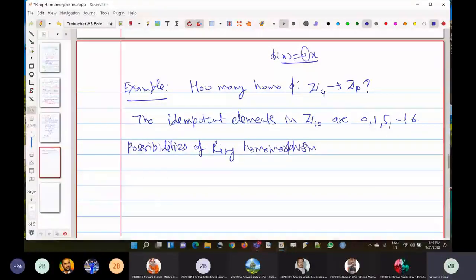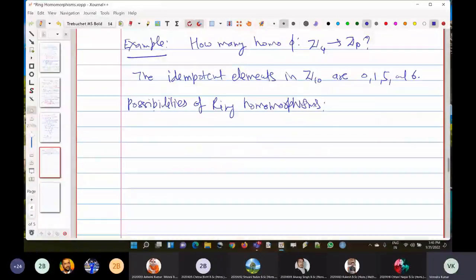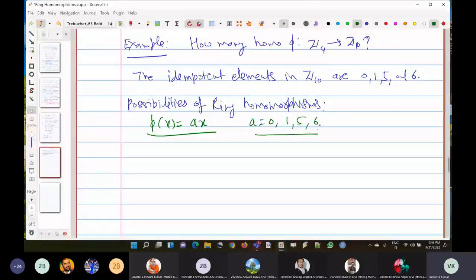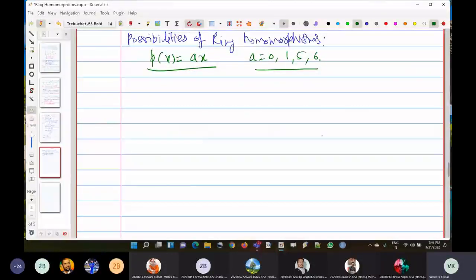So what are the possibilities for ring homomorphisms here? The first possibility is phi of x equals ax, written in general, with the choice a equal to 0, 1, 5, or 6. There are 4 possibilities for a. For 0 and 1 we are done.